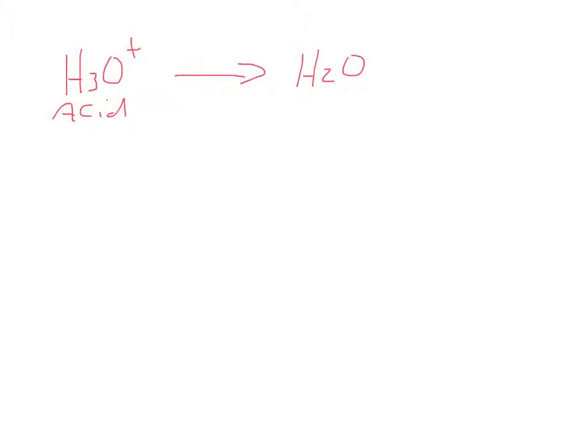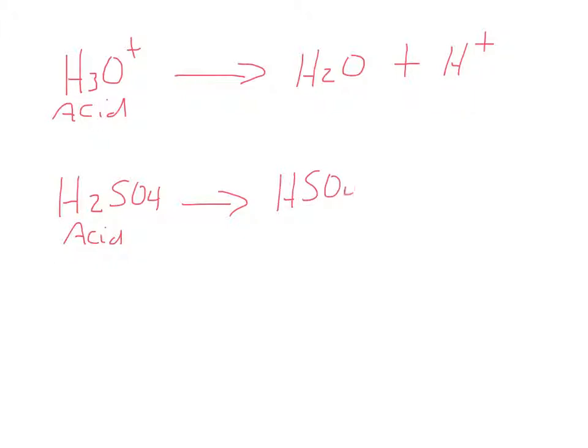Notice that we lost the hydrogen plus our hydrogen. If we had H2SO4 as our conjugate acid, that would yield HSO4- plus our hydrogen. So here we have our base, and over here we have our acids.